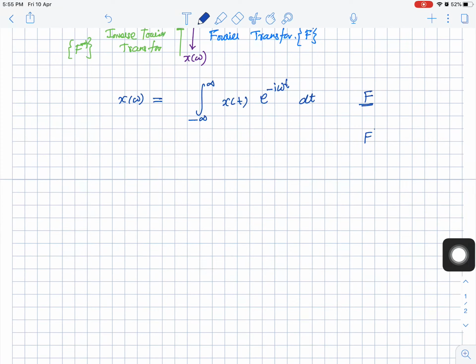So inverse Fourier transform will be x of t equal to 1 divided by 2 pi integral from minus infinity to infinity of x of omega e power I omega t d omega. So now if you substitute this, you will get this. So this is the inverse Fourier transform definition.